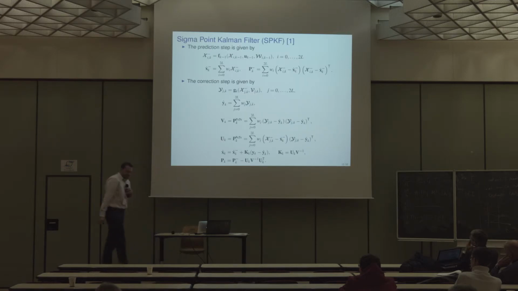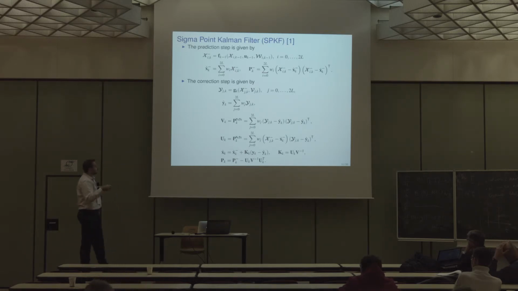Okay, so to summarize the sigma point Kalman filter, of which the cubature Kalman filter and the unscented Kalman filter are special cases. You compute sigma points, which I'm denoting as x and w here. You pass these sigma points through the nonlinear process model. You recombine the sigma points that have been passed through in a weighted fashion to get your predicted state as well as an associated covariance. Then you do the exact same thing again for the measurement model.